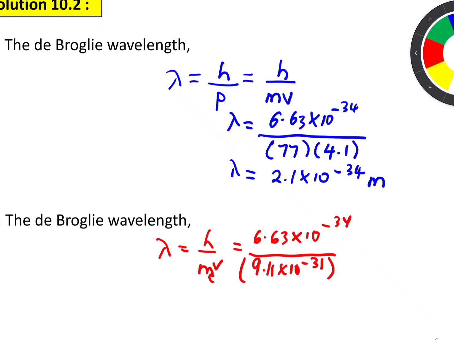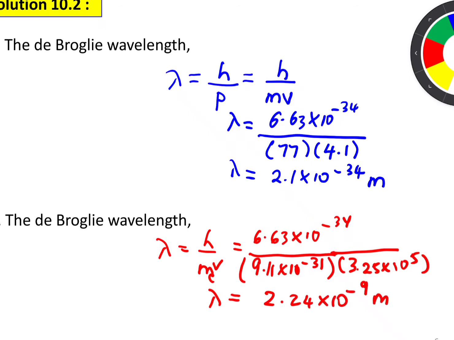Okay, and then darab dengan speed dia 3.25 darab 10 kuasa 5. Mass of electron kalau dia tak bagi, kalau dalam exam nanti dia ada pada muka surat kedua. Constant value ada dia bagi. So jangan risau kalau tak ingat. Okay, so substitute the value, you can get the answer lambda is equal to 2.24 power of negative 9 meter.